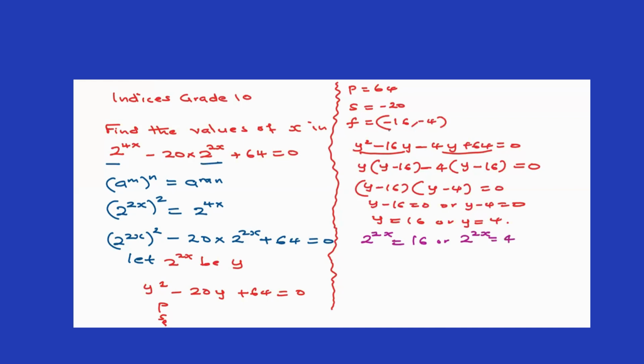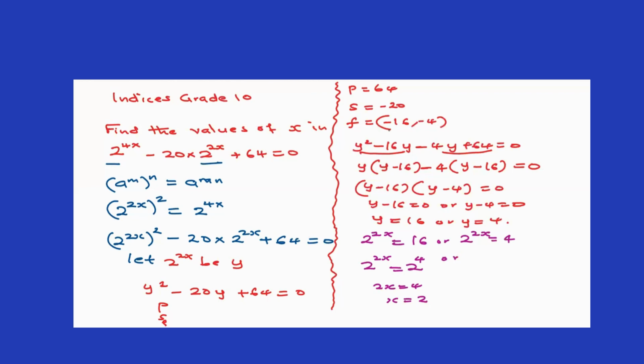Then we put them to the same base. This 16 can be put to base 2, which is 2 raised to the power 4. So we have 2x being 4, because when the bases are the same, we drop them. Dividing both sides by 2, we get that x is 2.